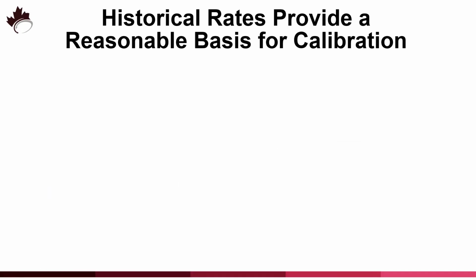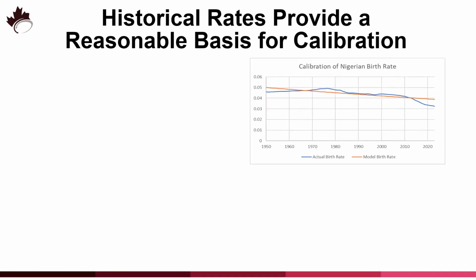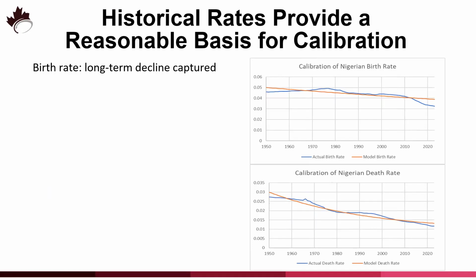And then we have historical analysis. So we calibrated the model to historical data. So we see that we have a fit with the model in the Nigerian birth rates. So the long-term birth decline was captured, and the historical death rate decline was reproduced.